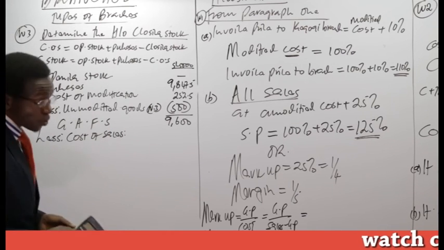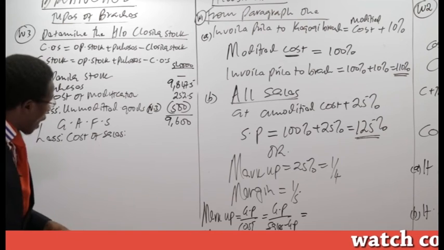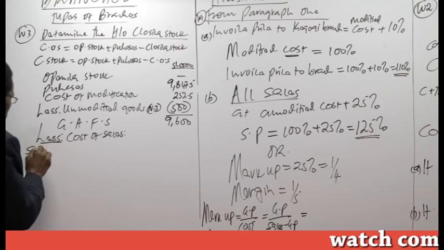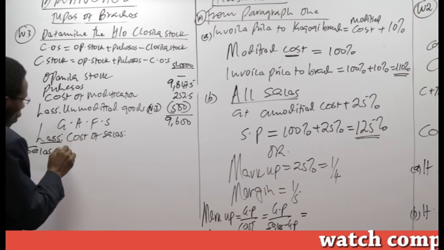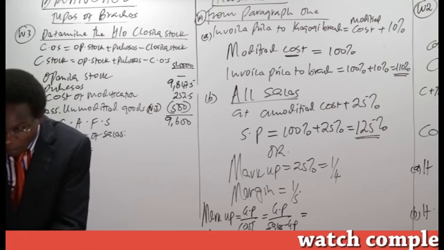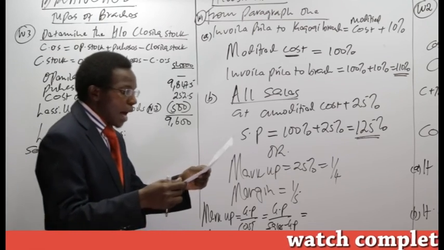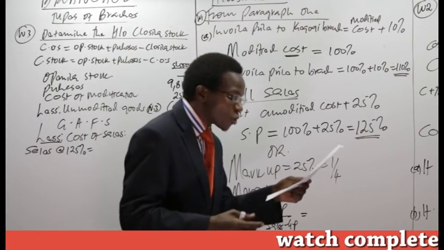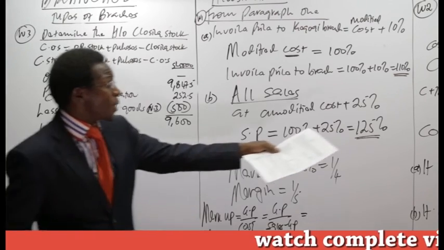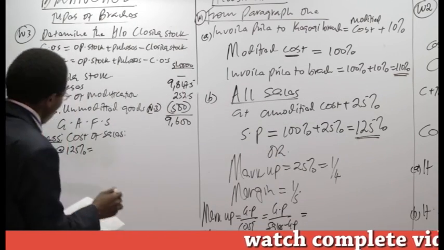The cost of sales to third parties, you know that our sales are at 125%. So you go back to the trial balance, you realize that at the head office, we have sold a total of 6.4 million. So we must have sold it at 125%.